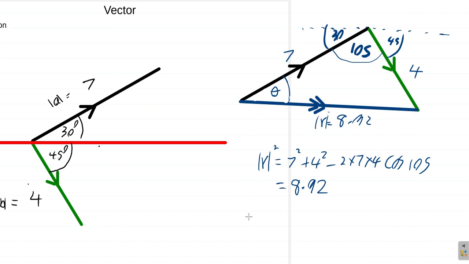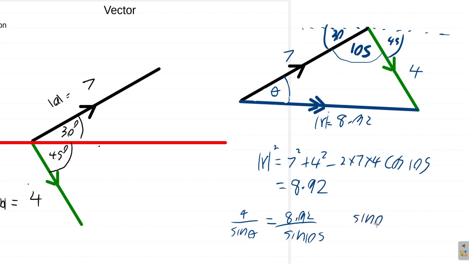So using the sine rule, 4 over sine theta equals 8.92 over sine 105.